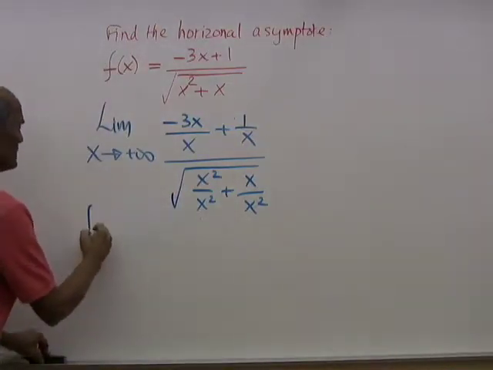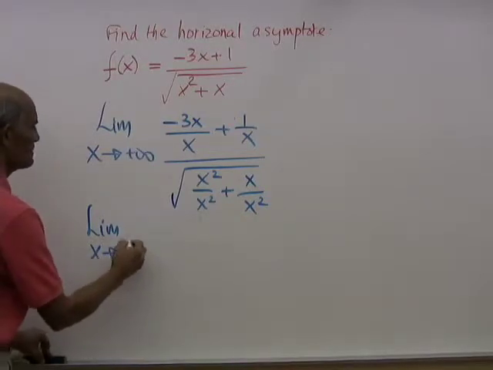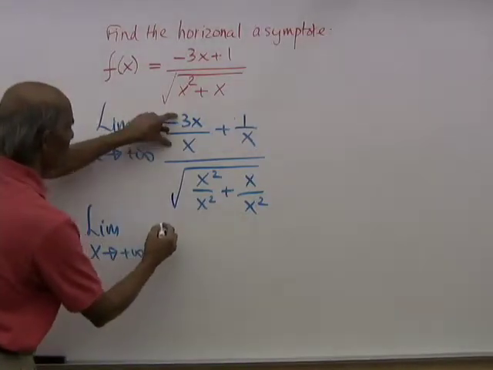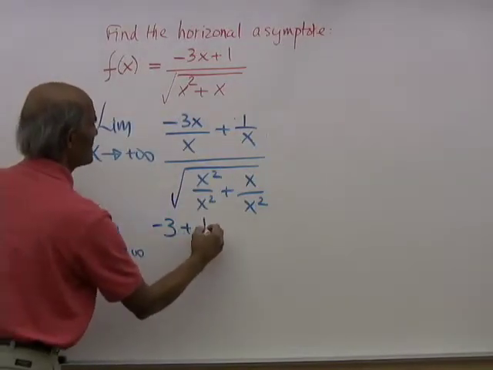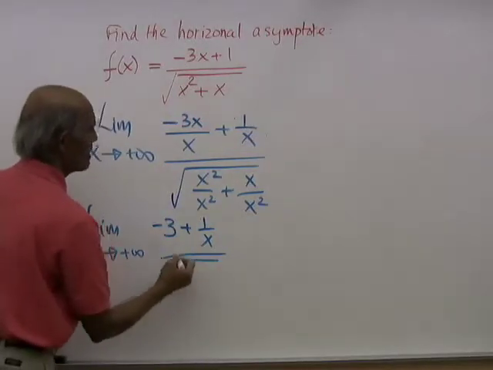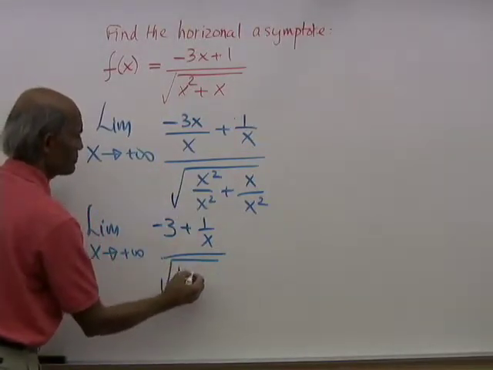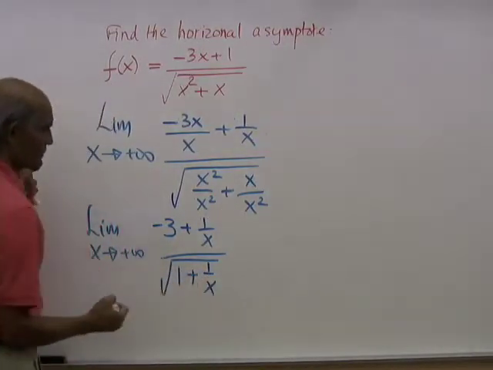Now, that will be limit x approaches positive infinity of, the value of that will be negative 3 plus 1 over x, over square root of x squared over x squared is 1, plus x over x squared is 1 over x.